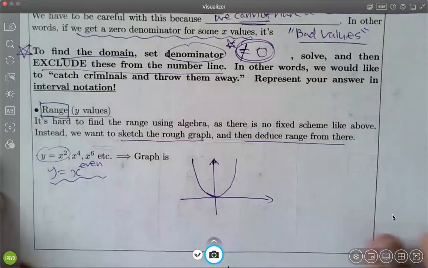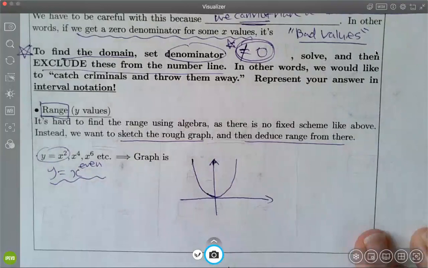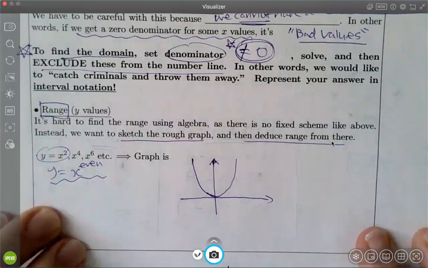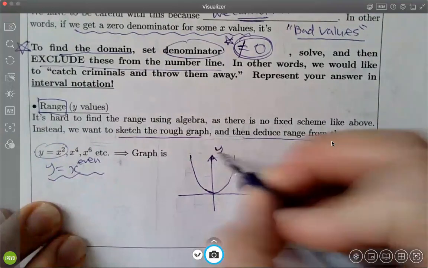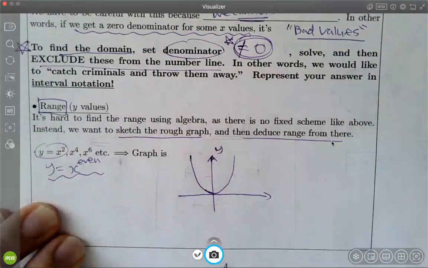Now from the graph, what's the range? Zero to infinity.